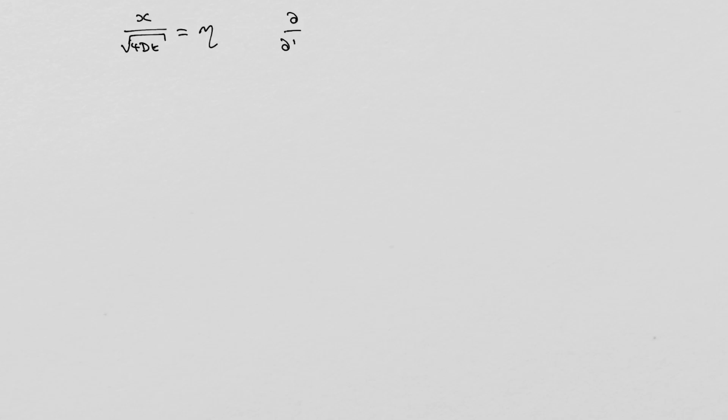Let's consider the following. The diffusion equation involves a partial derivative with respect to time at constant x. With the chain rule, I can write that as a partial derivative of eta with respect to time at constant x, times a derivative with respect to eta. The partial derivative of eta with respect to t is a bit of a pain.